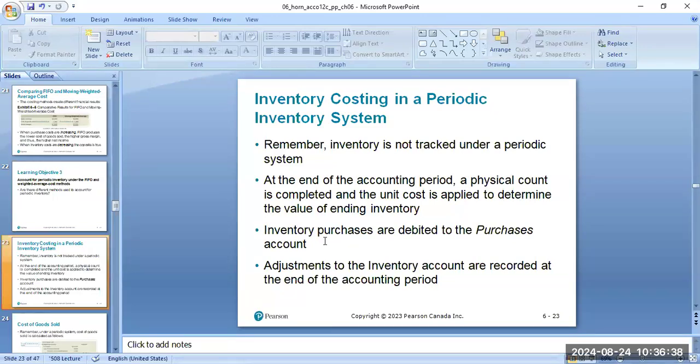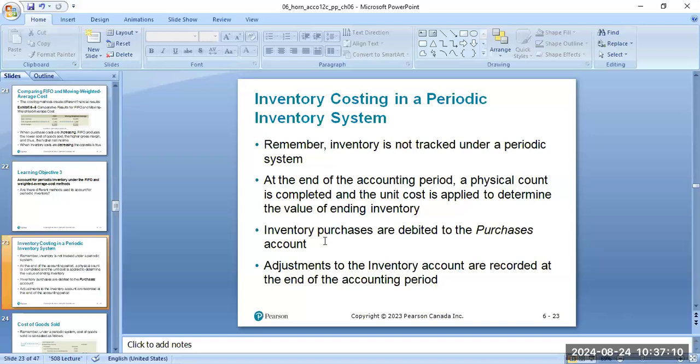Then during the year, we physically count all the complete units, how much we purchase, how much cost per unit of supply to determine the value of the ending inventory. Inventory purchases are debited to the purchases account. If we have some return allowances, those go to the purchase returns and allowances account.